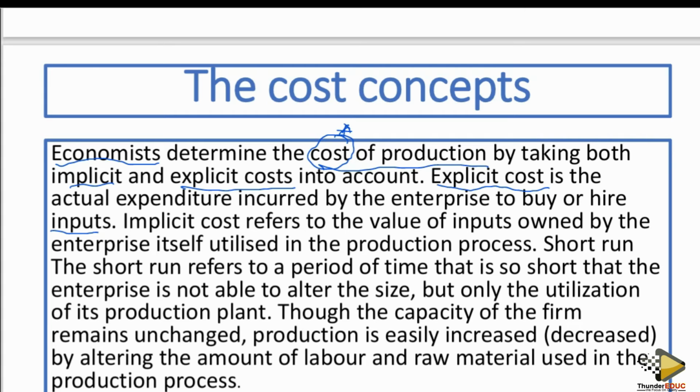Also we have implicit costs. Remember, I said these are the spending of the businesses, by the businesses, and this spending is not fixed. It normally varies. Remember, I gave an example of maintenance in most cases.